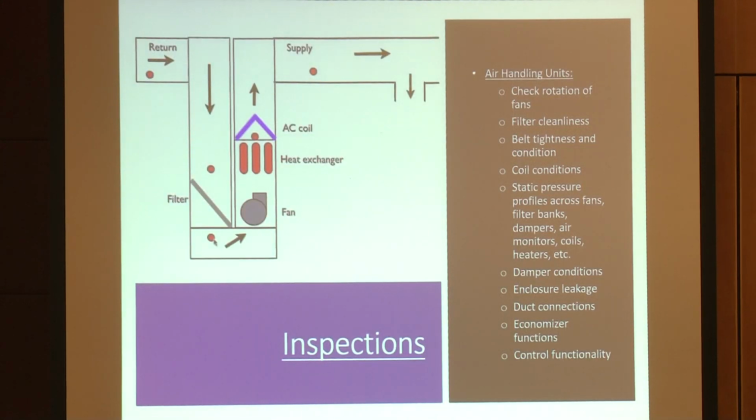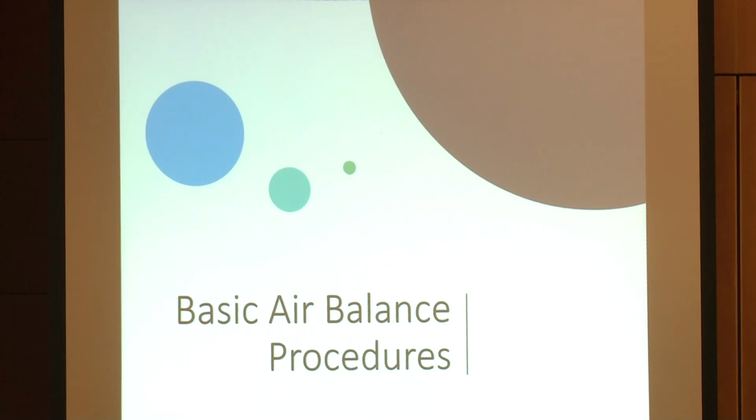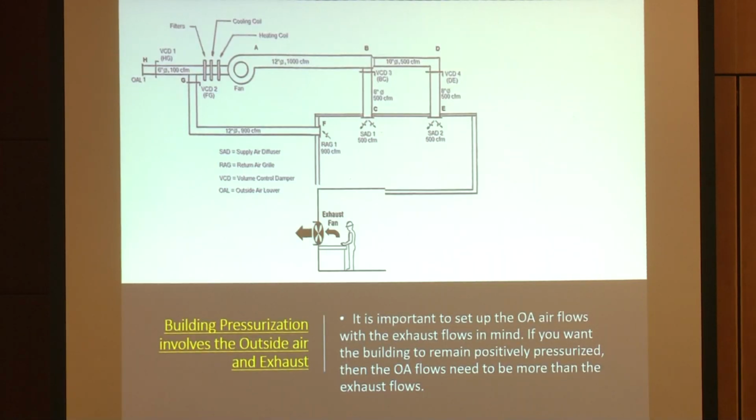Otherwise, you will waste a lot of your time and money going to jobs that are not ready. So this is basically what you're going to look for. You're going to check the rotations of the fan, make sure the filters are all clean, everything is working properly. You go around and you look at that and you make sure. Then you're going to start your basic TAB procedures on the air side.